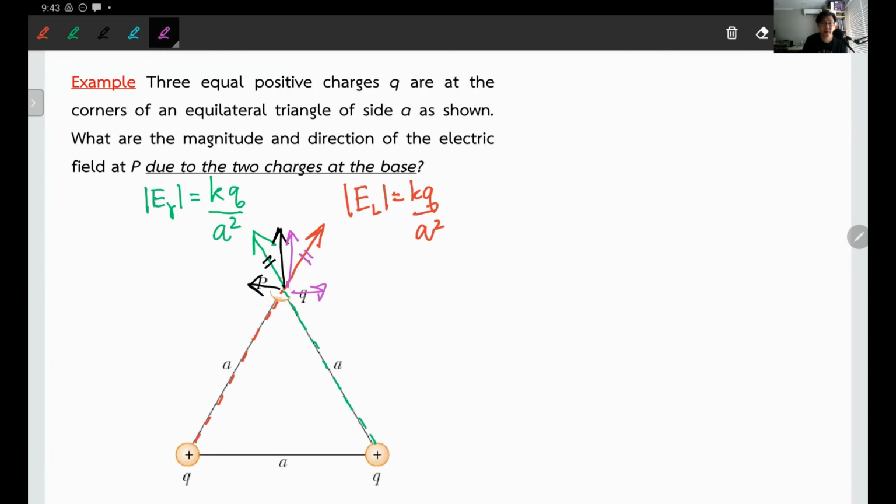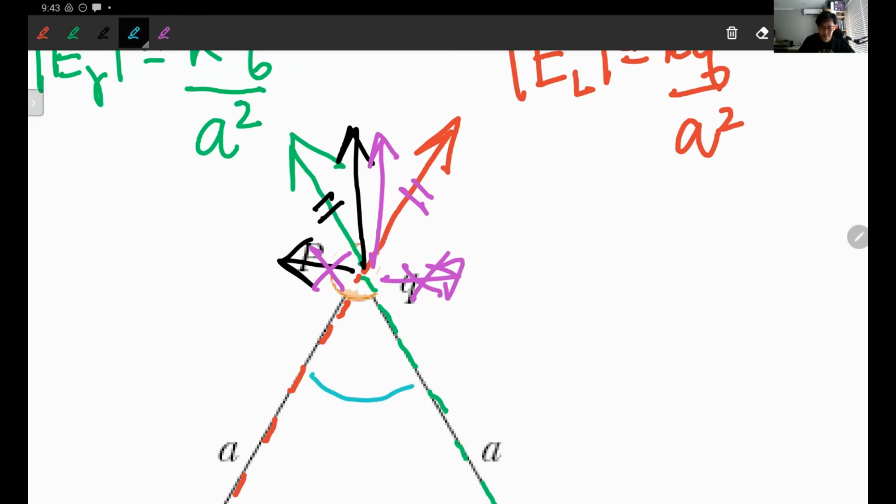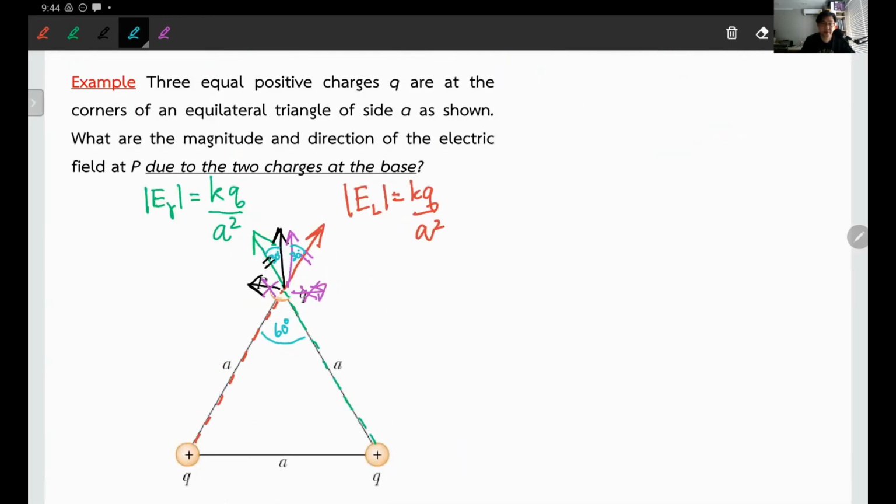Now you can see that the horizontal components will cancel. So the net electric field will point upward due to the vertical components of these two electric fields. From the geometry, of course, you know that this is 60. It's an equilateral triangle, so this is going to be 30 and this is going to be 30, half of the 60.